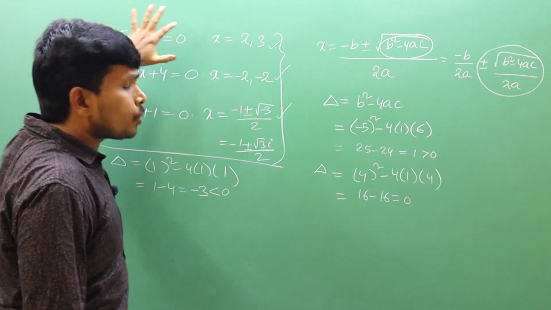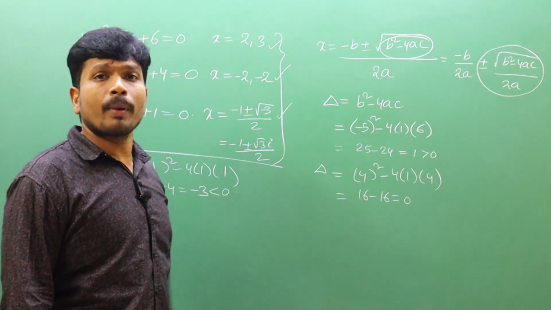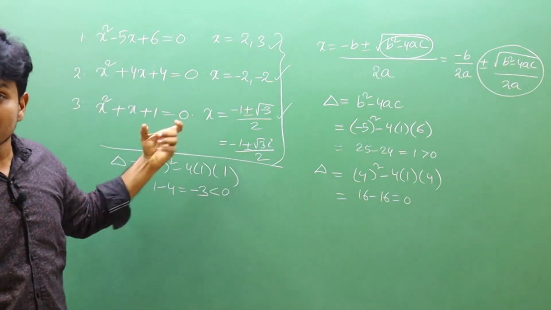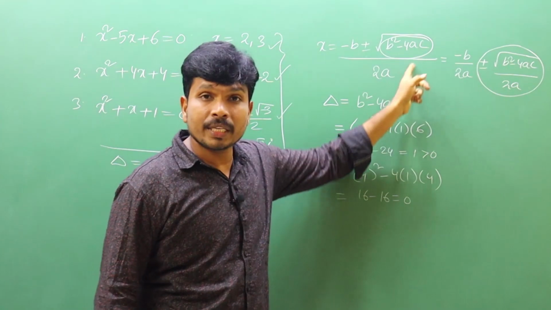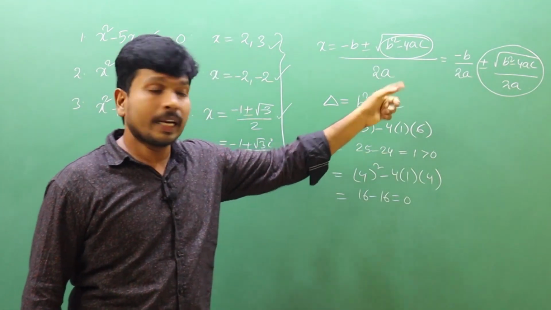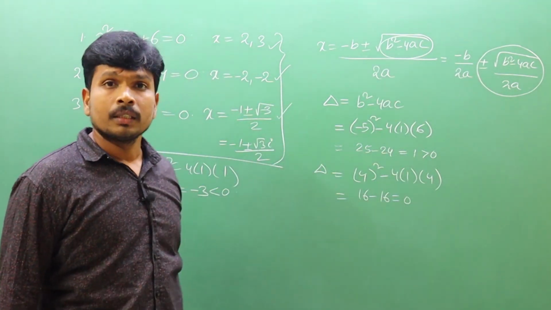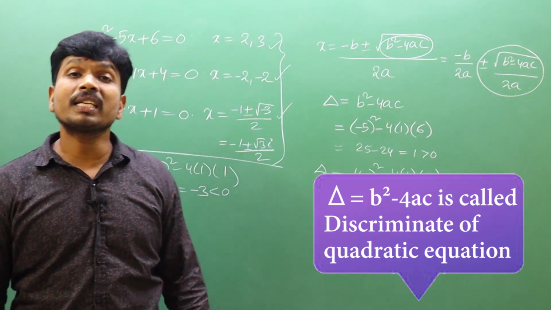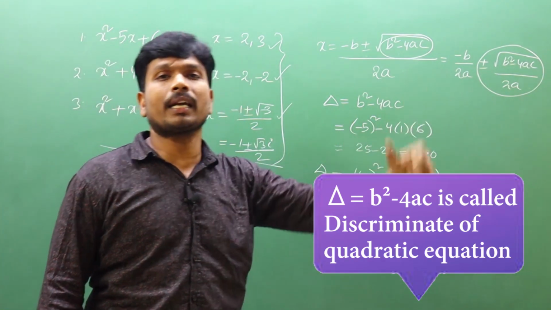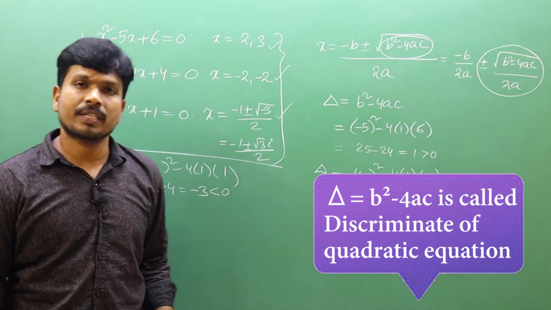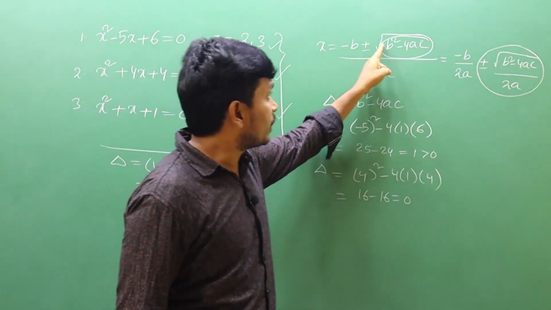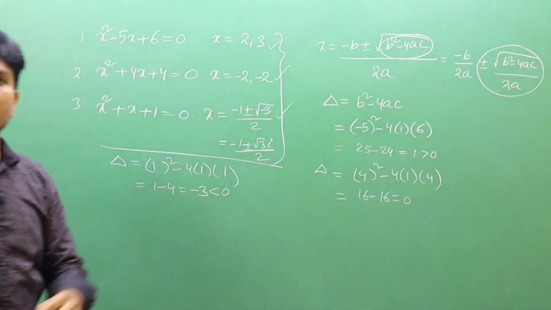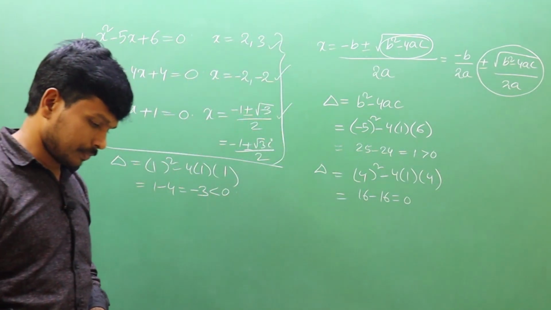So without solving these problems, easily we can decide their nature with the help of b square minus 4ac. It is denoted by delta. The delta equal to b square minus 4ac is called the discriminant of the quadratic equation. With the help of this, we decide easily the nature of roots.